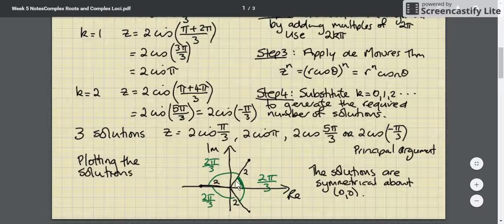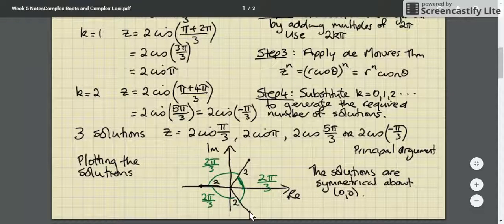Now the interesting thing about these complex solutions, when you plot them on the Argand diagram, is that they are symmetrical about the origin. So the first solution is 2 cis pi over 3. So it's got a modulus of 2 and an argument of pi over 3. The second one has a modulus of 2 and an argument of pi.